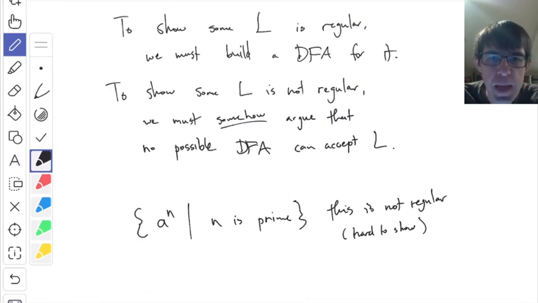They don't use the word computation or machine in the title of the book, but they are talking about that. They just come at it from the point of view of languages. But really it's the same. All this business about computation you can frame in terms of languages. All right? So these are big questions that we're going to get to eventually. Which languages are regular and which are not?